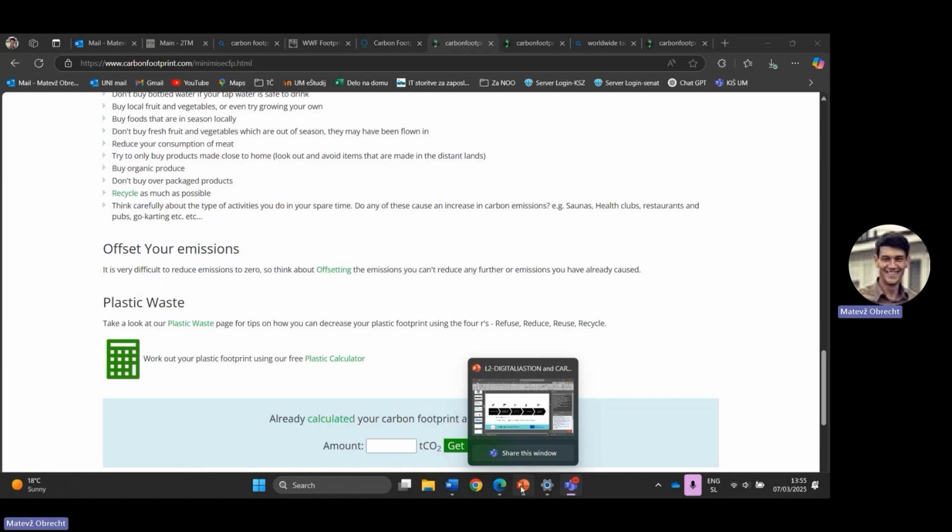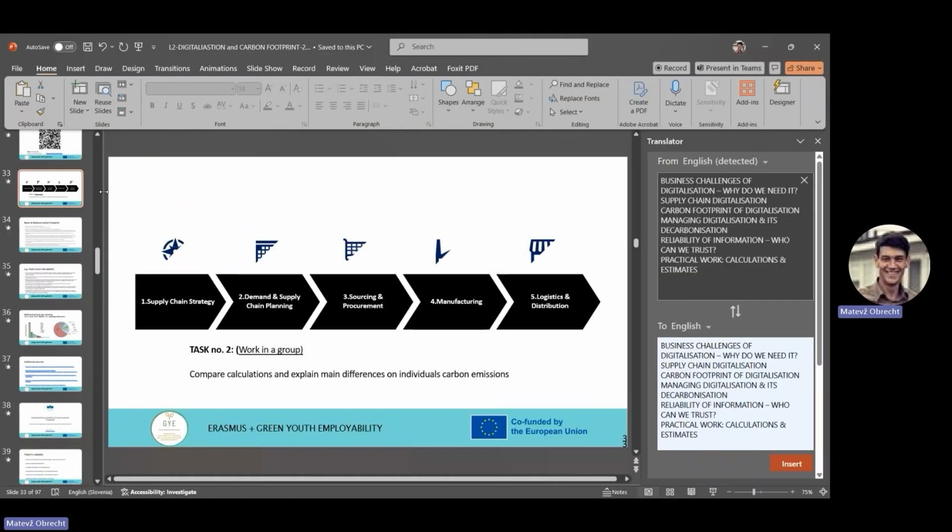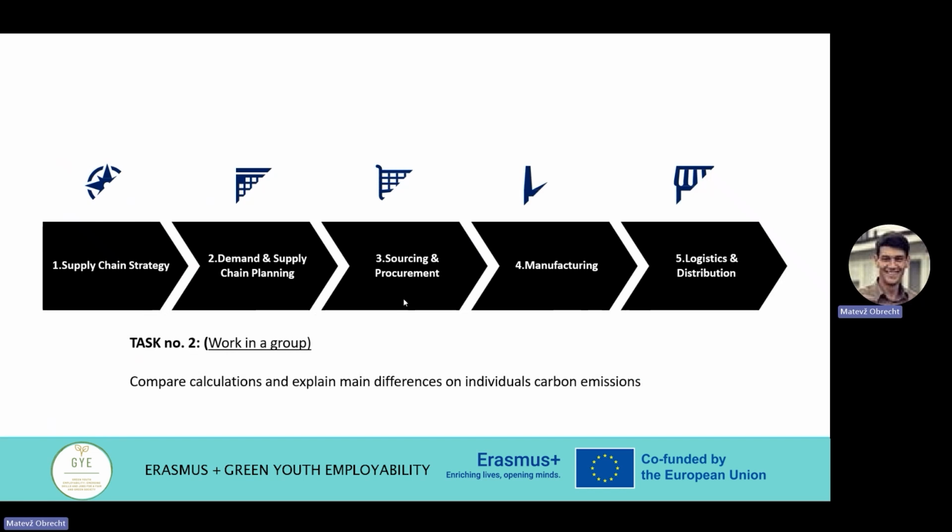Okay, so if we go back and sum it all up together, within the whole supply chain, different phases, so manufacturing, distribution, use, sourcing, even in designing the product, there are different types of environmental impacts that are being caused or that occur.